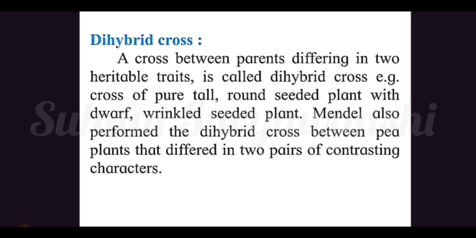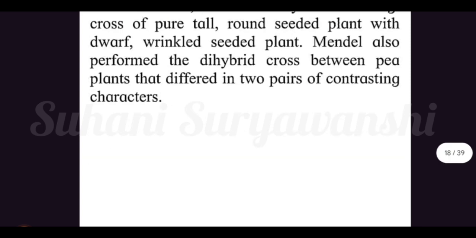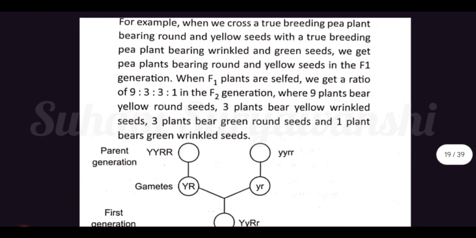Mendel also performed the dihybrid cross between pea plants that differed in two pairs of contrasting characters. For example, when we cross a true breeding pea plant bearing round and yellow seeds with a true breeding pea plant bearing wrinkled and green seeds, we get pea plants bearing round and yellow seeds in the F1 generation.